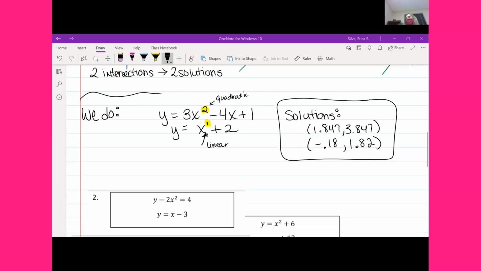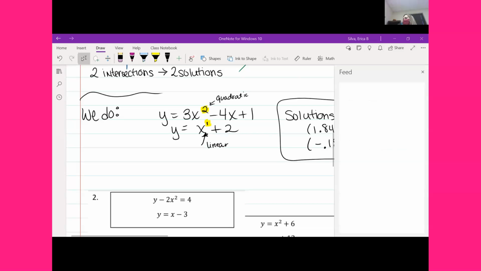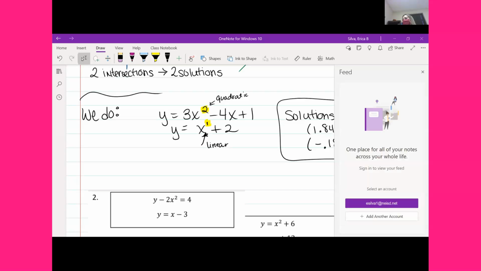And I'm going to have you guys practice. So if we look at this first problem, go ahead and type in what the solutions are, if there are solutions.